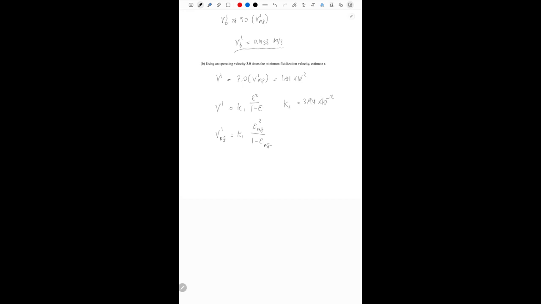Plugging all of that in, 1.51 times 10 to the negative 2 is equal to 3.94 times 10 to the negative 2 times porosity cubed over 1 minus porosity. Solving this, we find that the porosity is equal to 0.555.